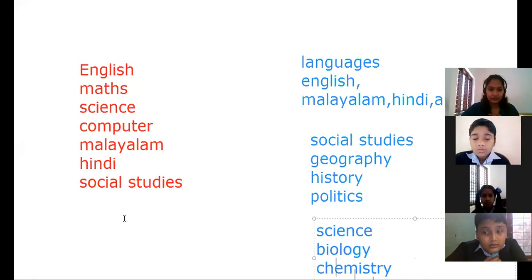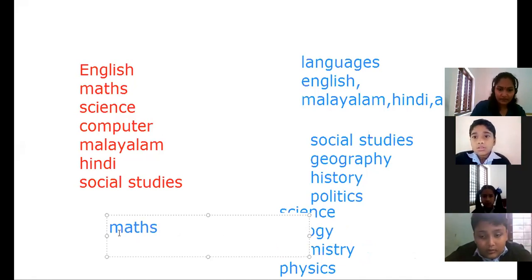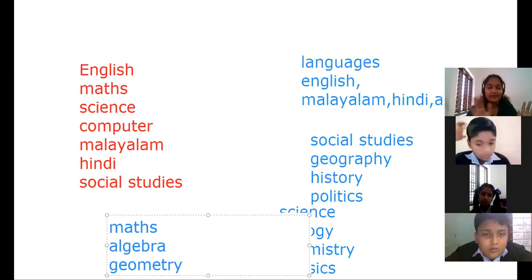Under maths we have algebra and geometry. The figures we draw, like triangle, circle, angles, come under geometry, and others come under algebra. Statistics is also there.